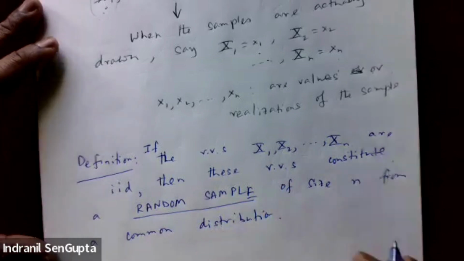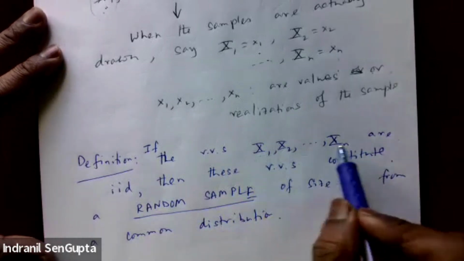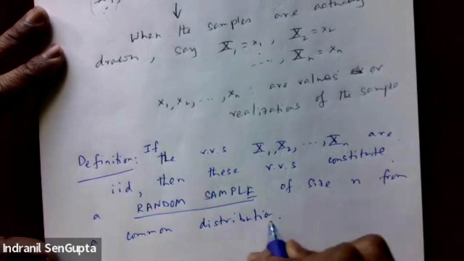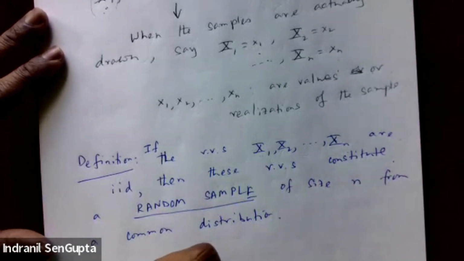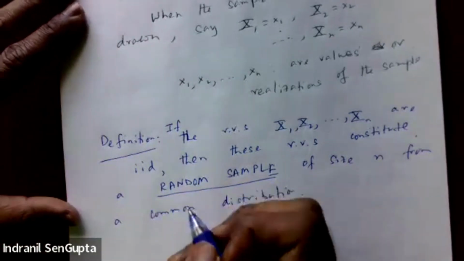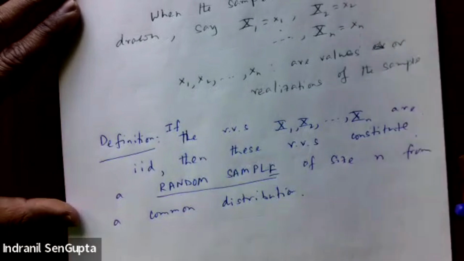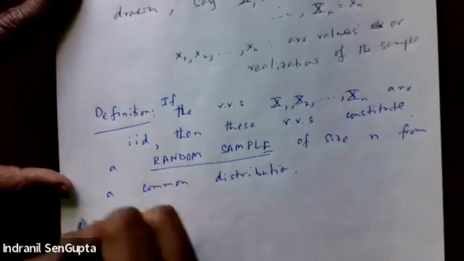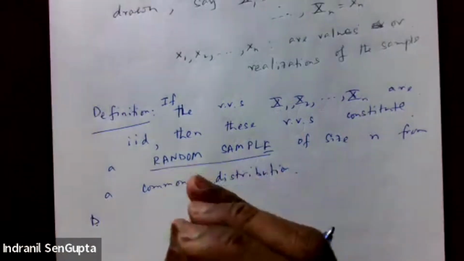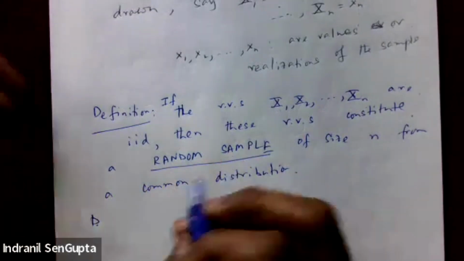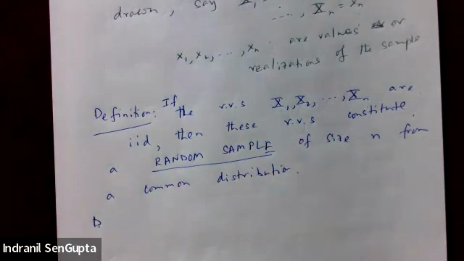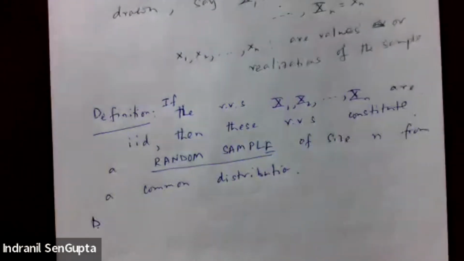What distribution? That is X. Whatever X1, X2 are following, that is fine. So the common distribution is that. That is the definition of a random sample. I think when we studied the sample mean and sample variance, we also did that. If we have n IID variables, that's a random sample.